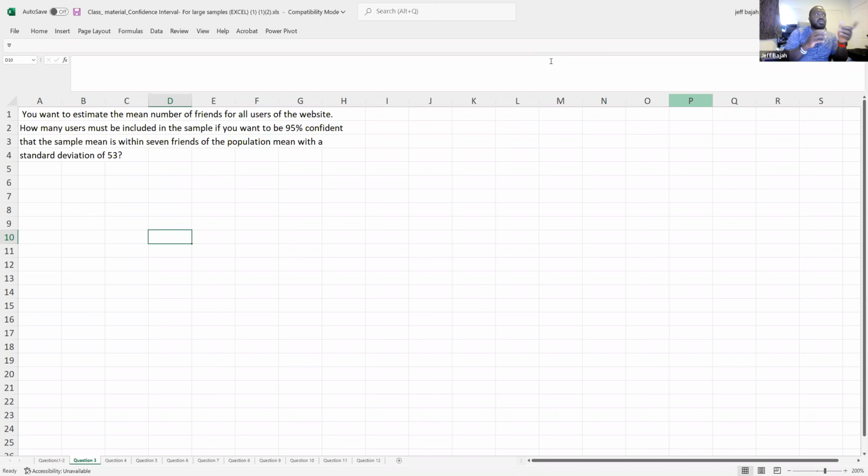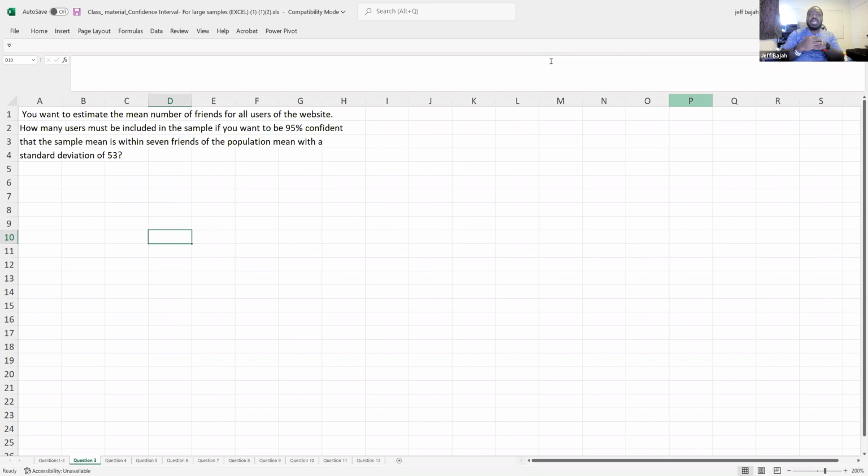So in this case, it says that you want to estimate the mean number of friends for all users of your website. Now, how many users must be included in that sample if you want to be 95% confident that the sample mean is within 7 friends of the population mean, with a standard deviation of 53?